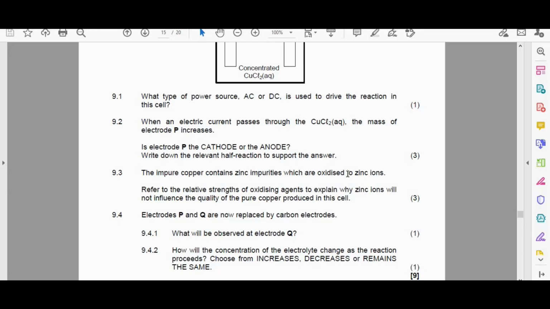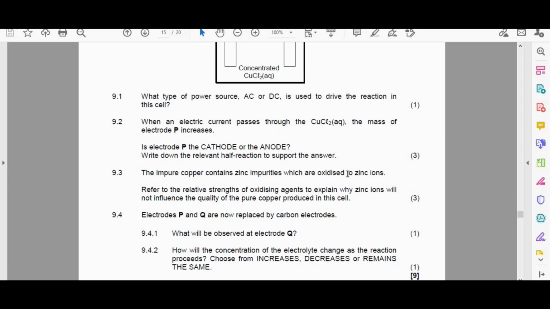Obviously, the concentration in the solution is going to change. It's not going to stay the same. I'm not adding any more copper. I'm not adding any more chlorine. I'm separating the two. So the concentration by default or by intuition must decrease.